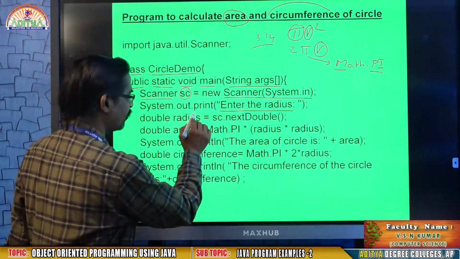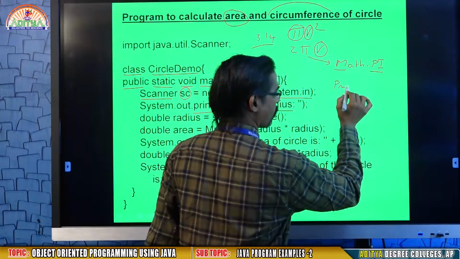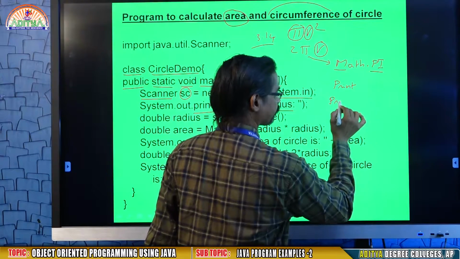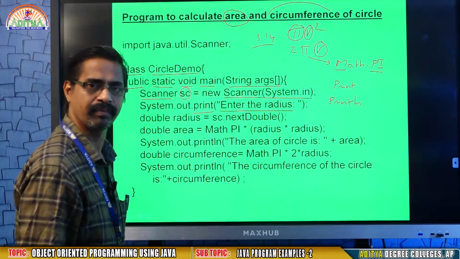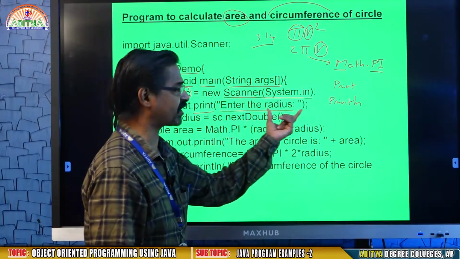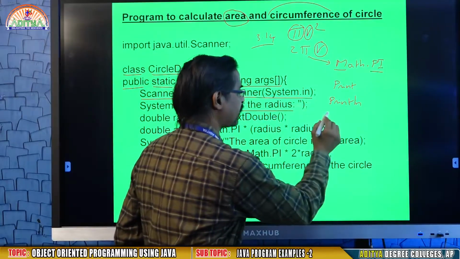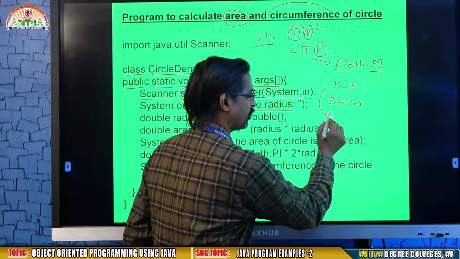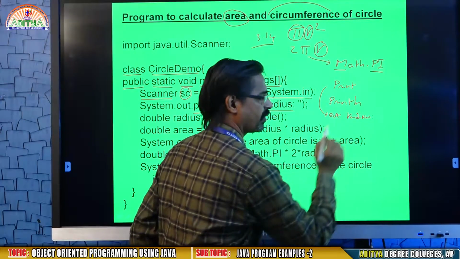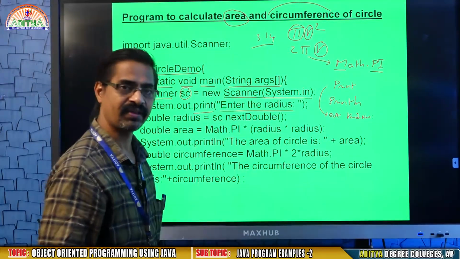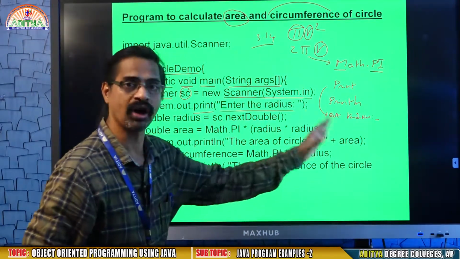Now you may see here there is a word print, and also println. The purpose is the same because it will display a message, enter radius. The only difference is, in print, after showing this message, the cursor will wait to the right of the colon.